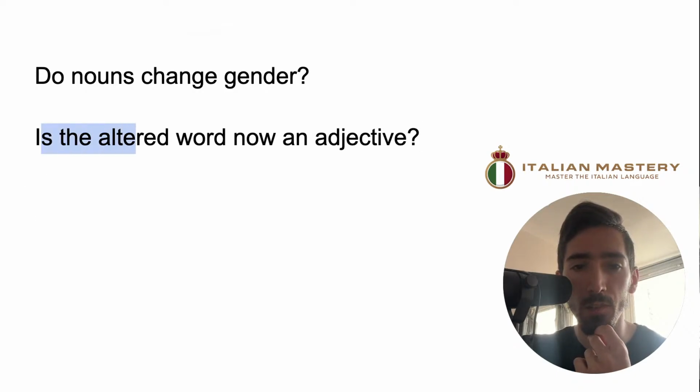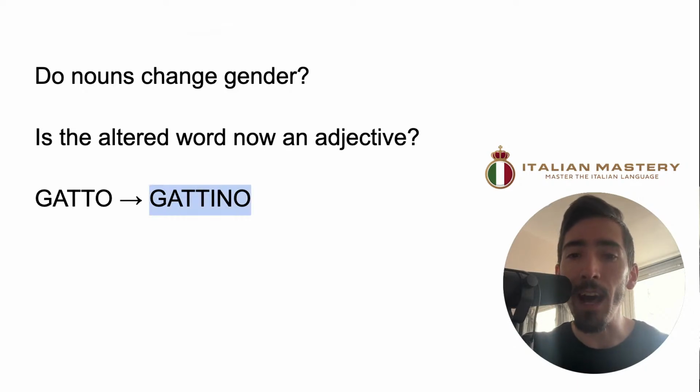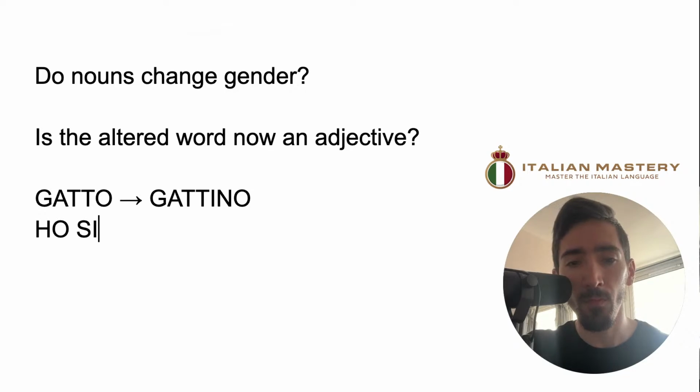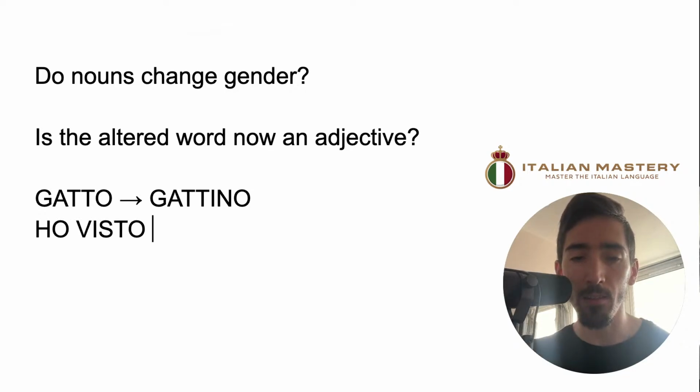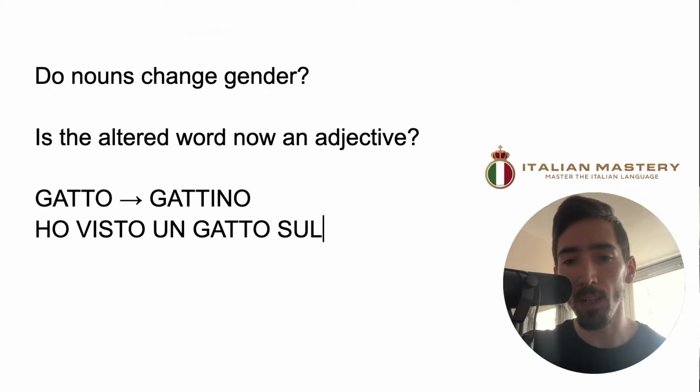The second question is, after we alter a word such as we go from gatto to gattino, is gattino now an adjective in itself? Not really. It's still a noun. So we've basically done without an adjective. So for example, ho visto un gatto sulla strada.